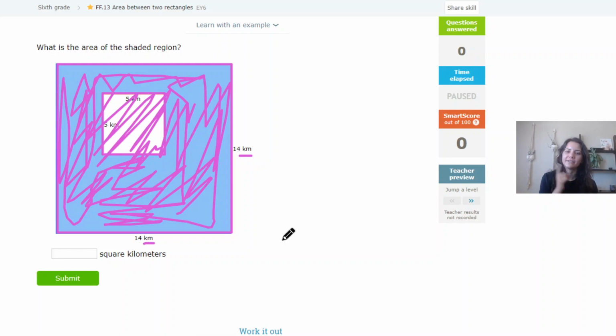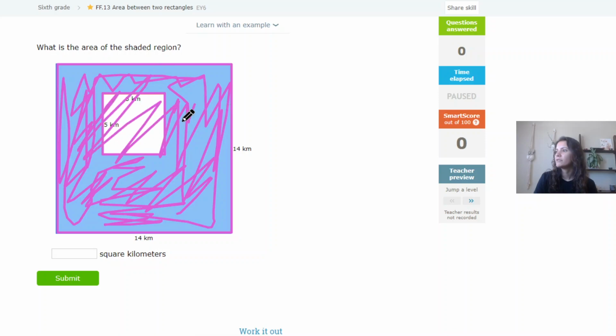And then what you need to do is think about what your area is going to be if you take out that middle section. So again, we have this huge square in pink, and then we cut out a section of it from the middle.